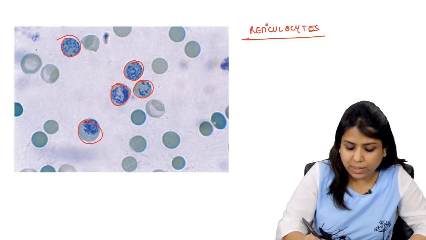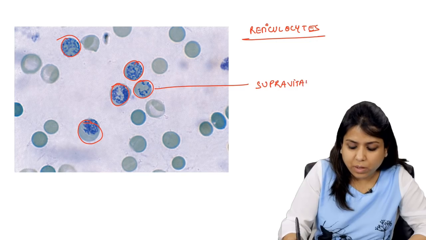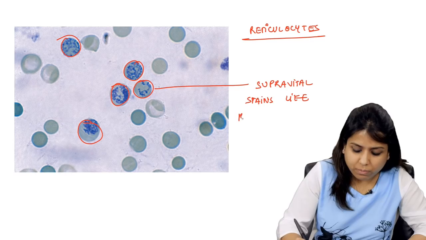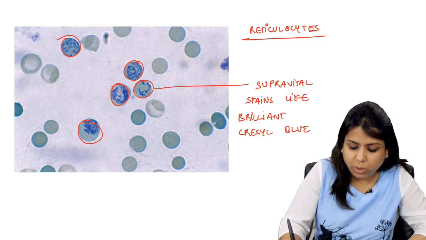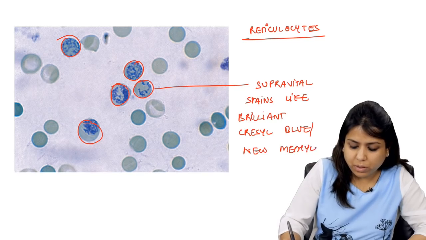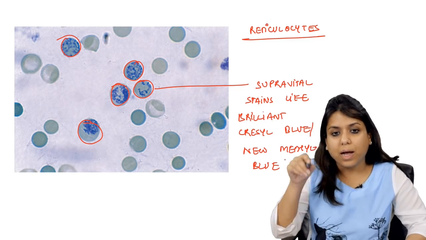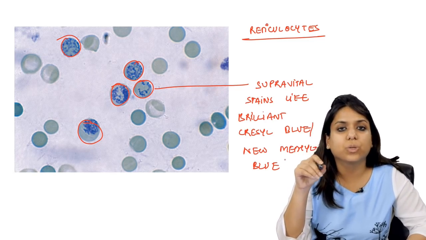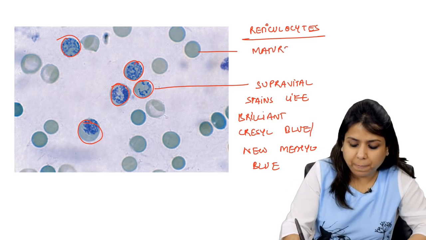They are stained with supravital stains like brilliant cresyl blue or new methylene blue. And this bluish meshwork is due to RNA or ribosomes. This is a mature RBC.